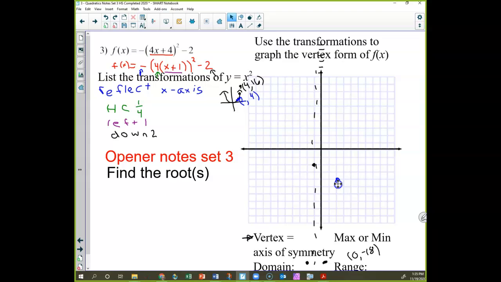Now here's where I'm going to do a little bit of estimating. I'm going to horizontally compress that by a fourth. I'm going to divide that x value by 4. Well, what's 2 divided by 4? It's a half. Okay, yeah, so I do have to estimate a half, but I'm pretty good at estimating a half. That's not too hard.